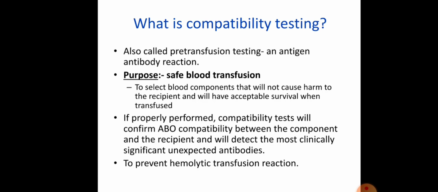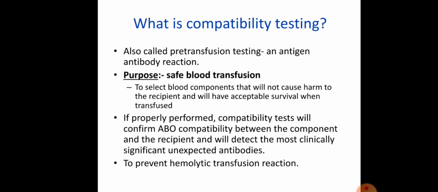Okay, to select the blood components that will not cause harm to the recipient and will have acceptable survival when transfused. If properly performed, compatibility testing will confirm the ABO compatibility between the patient and the donor, okay, and also detect the most clinically significant unexpected antibodies.